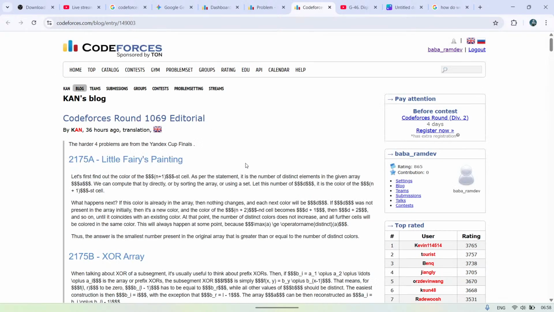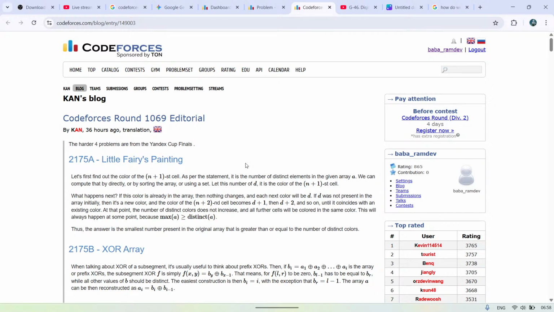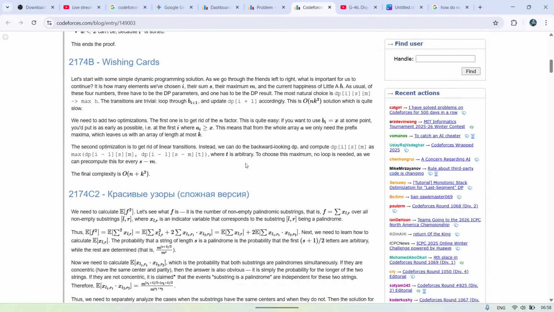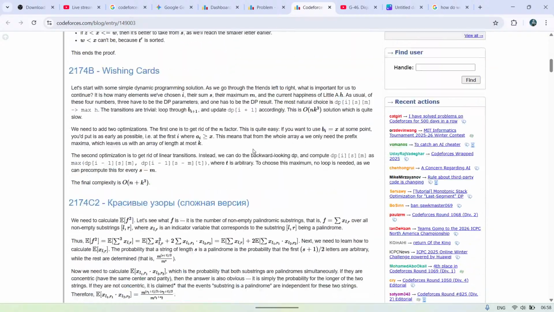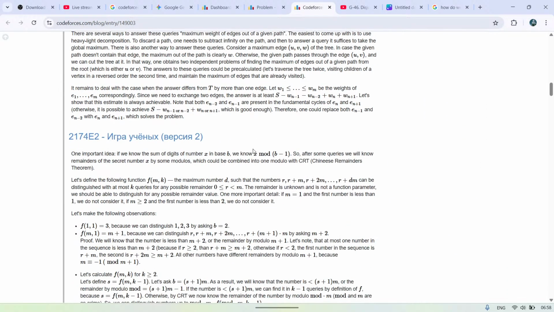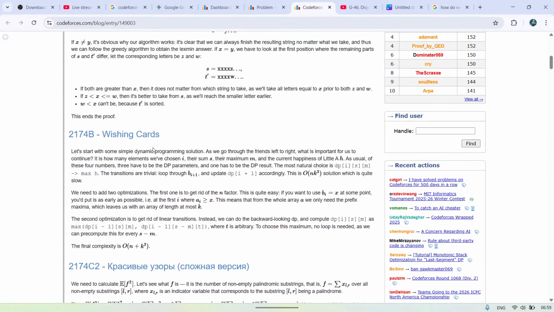Let's see the tutorial. So this is the tutorial, right? It's a 3D DP. Let's start with some simple DP solutions. As we go through the friends left to right, what is important for us to continue?